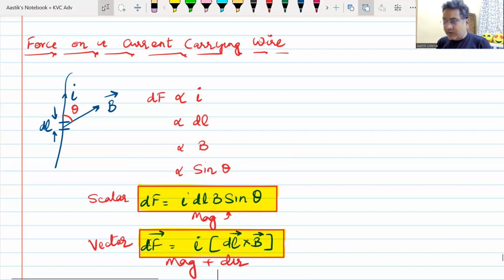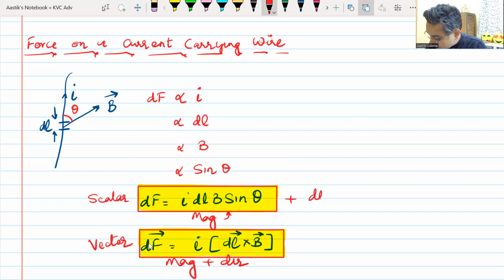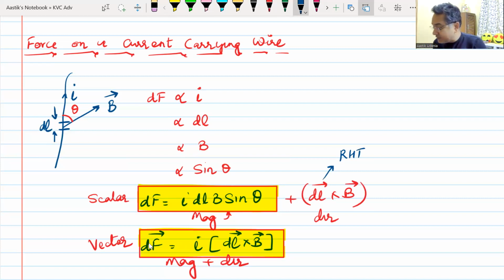To find the direction, I do the cross product of dl with B, which gives me the direction, and I can find this direction using the right hand thumb or right hand palm rule.